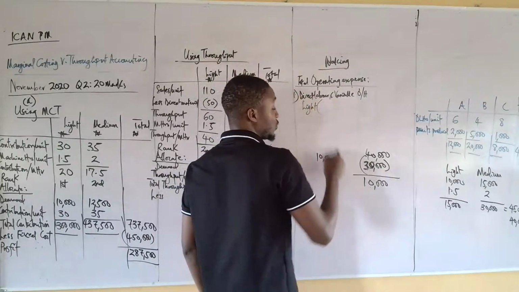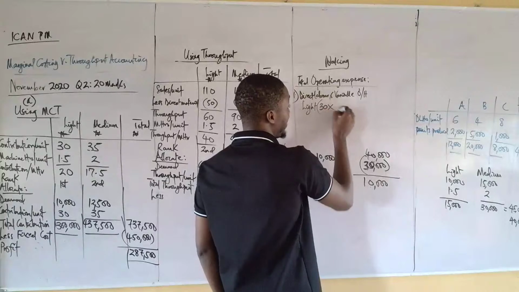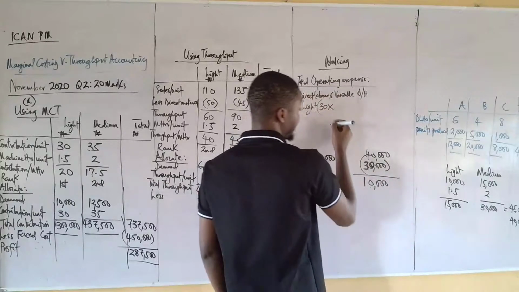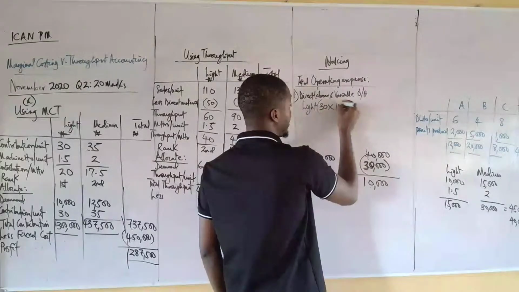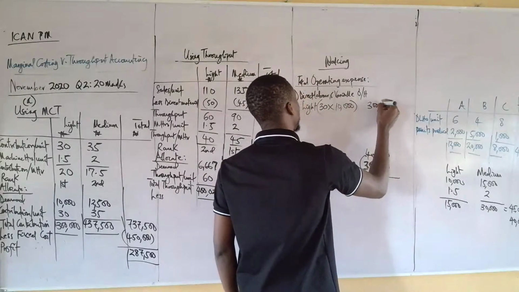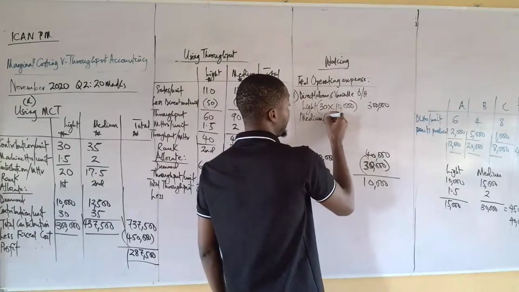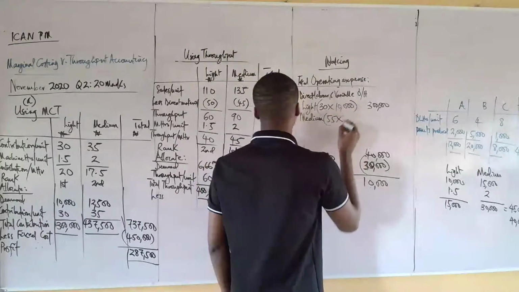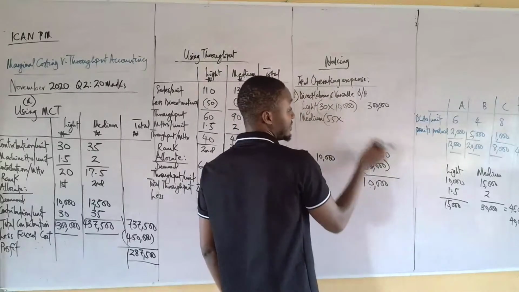Light was how many per unit? 30. But we have how many units of light? When they made that, 10,000, giving us 300,000. And medium, 55. Yes, 55 times how many units?